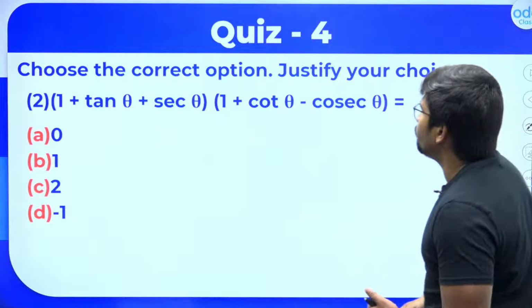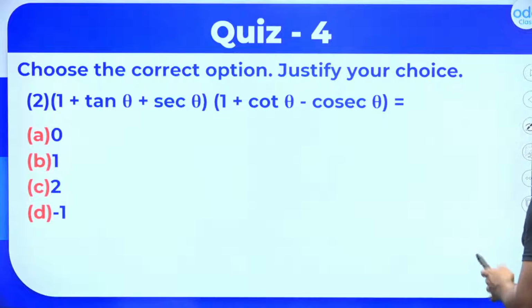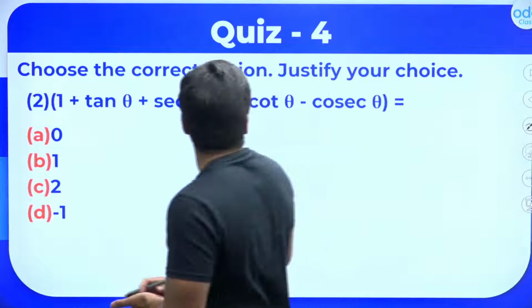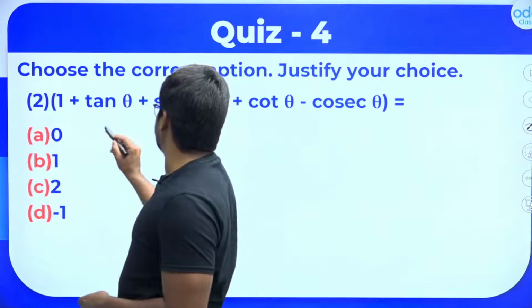Again, choose the correct option and justify your choice. The question is 2 times of 1 plus tan theta plus sec theta into 1 plus cot theta minus cosec theta. Let's see what is going to happen here.